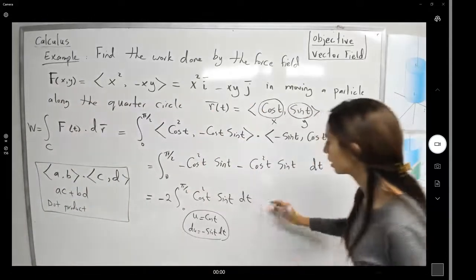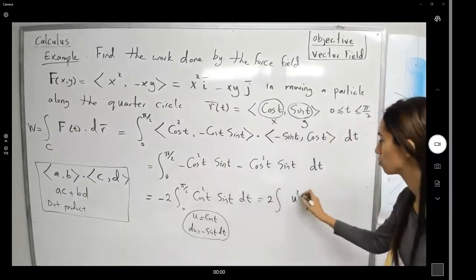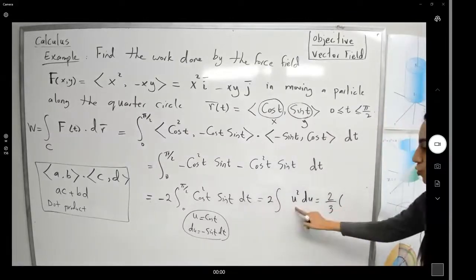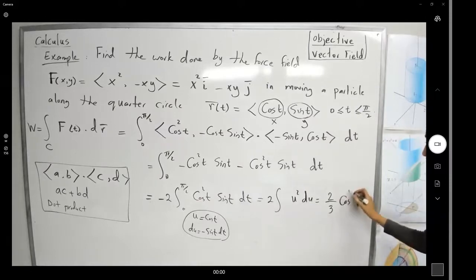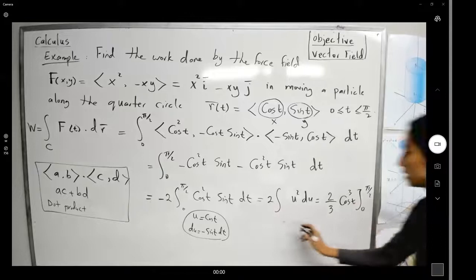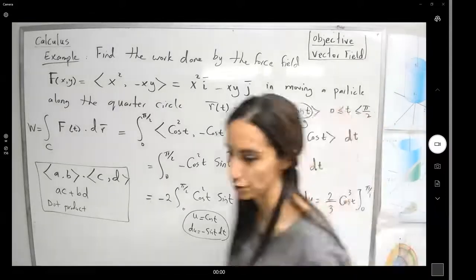So this integral becomes negative the integral of u squared du, or negative one third u cubed, cosine to the third power of t. t is bounded between 0 and pi over 2. If you plug in pi over 2, it's going to be 0. If you plug in 0, it's going to be 1. So you get negative 2/3.